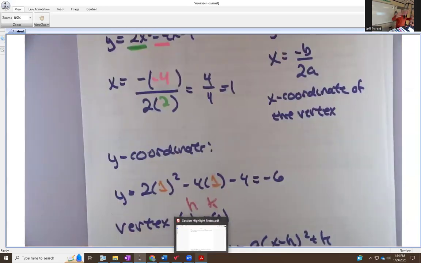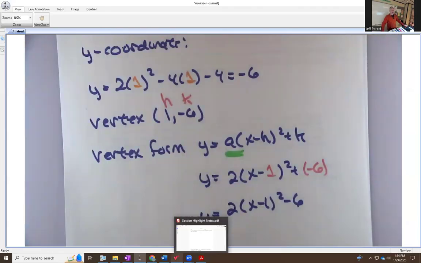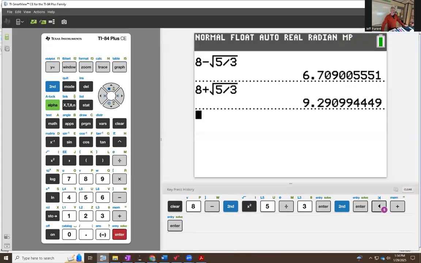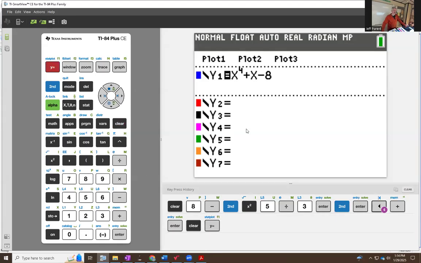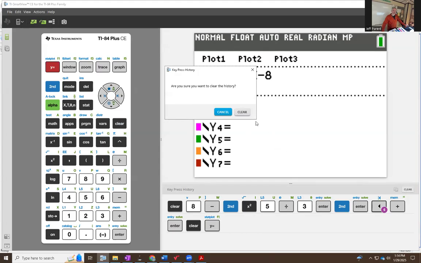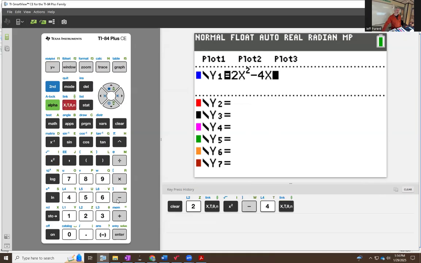Now, not to say that you shouldn't know all 3 of these forms, but let's finish this up. Let's plug in our equation. So if there's something there, just clear it out. We want 2x squared minus 4x minus 4.